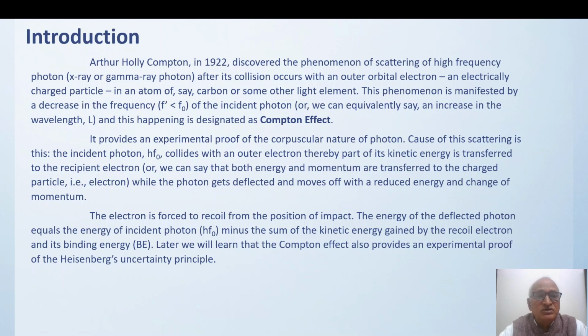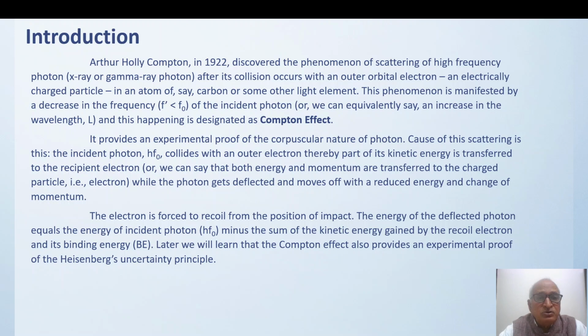I repeat this point. When photon collides with electron on the surface atom, what happens? Part of kinetic energy and part of momentum of photon are transferred to the electron. As a result, the photon that emerges after collision has lower frequency, has reduced energy, increased wavelength.